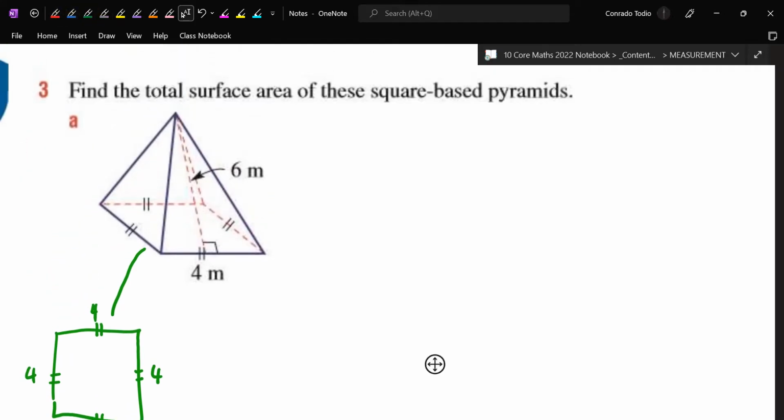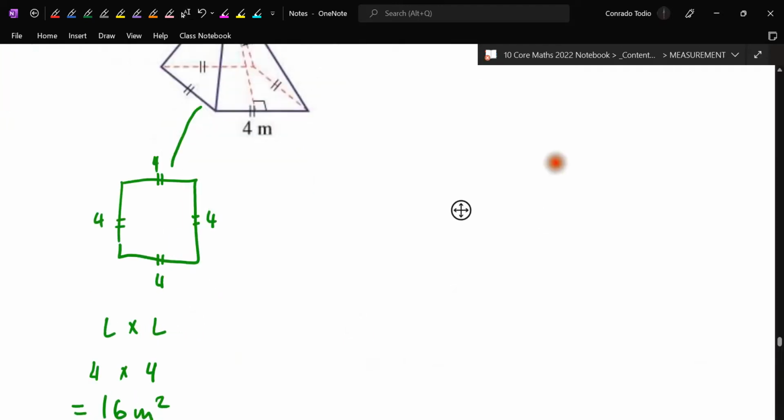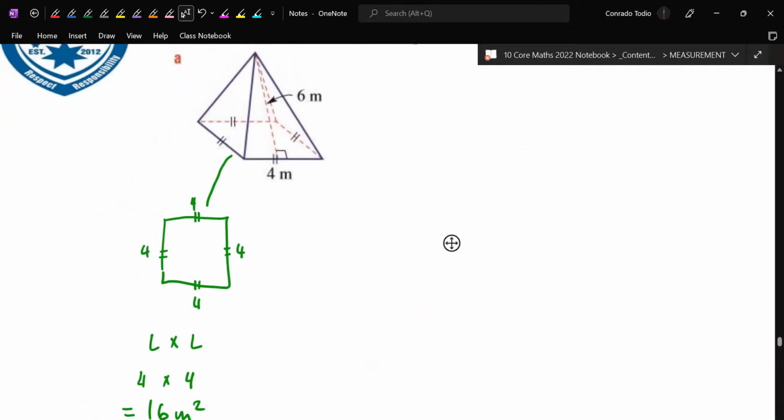Now, the second area that you're looking for here, I'll just zoom out a bit, okay, are the triangles. Just bear in mind, if you do have a rectangular base pyramid, not all of the triangles are going to be the same. In this case, because it's square base, you're going to have 4 triangles that are exactly the same. And I can see with this triangle, it's given me the height of the triangle already.